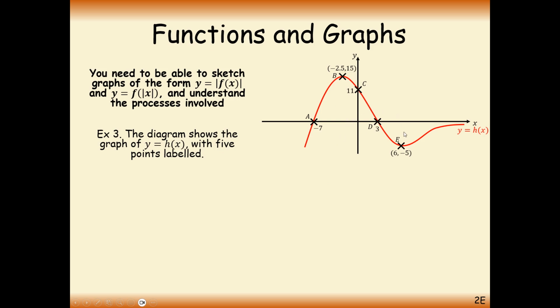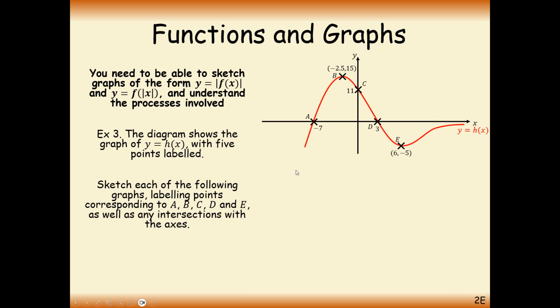We've been given a number of coordinates on this graph, and we've been asked to sketch the function h. So we have to be careful and consider what y values will change. The part of the graph where it's already above the x-axis will remain unchanged.